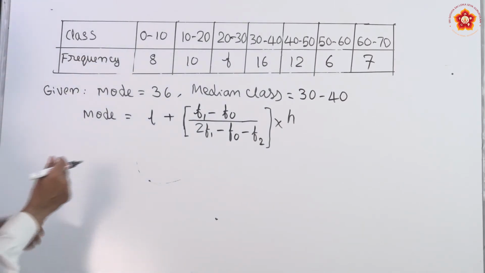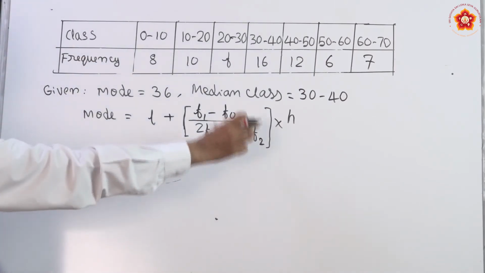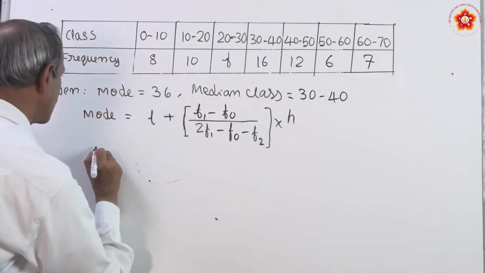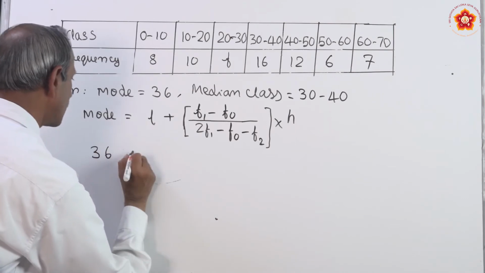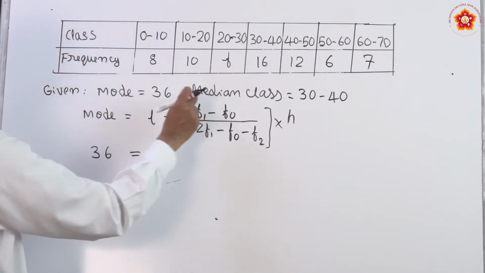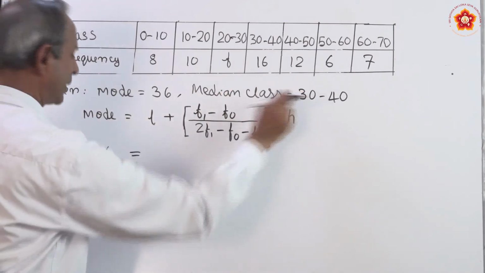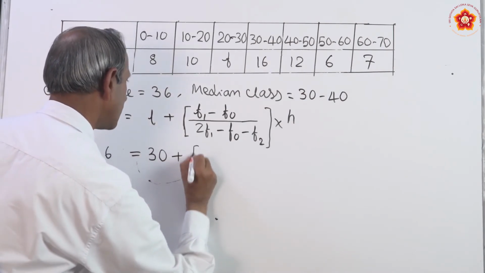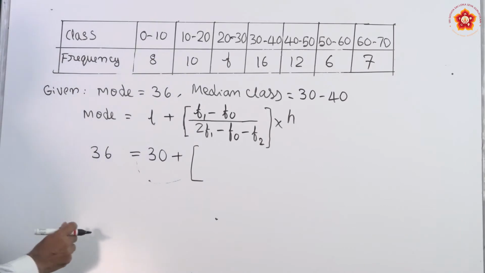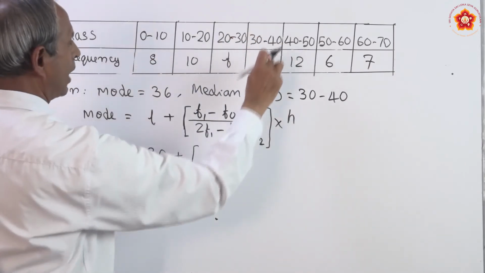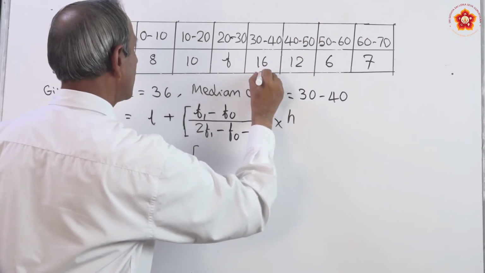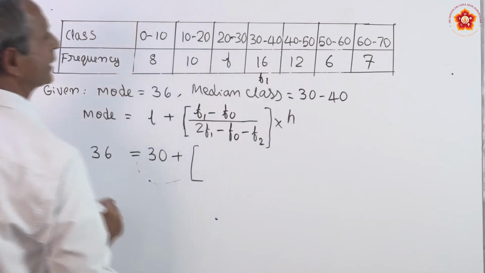Now, let us substitute the given values in the formula. The mode is already given as 36. I will substitute 36 equal to L, the lower limit of the modal class, that is 30. Write 30 here plus. F1 is the highest frequency, and its value is 16.